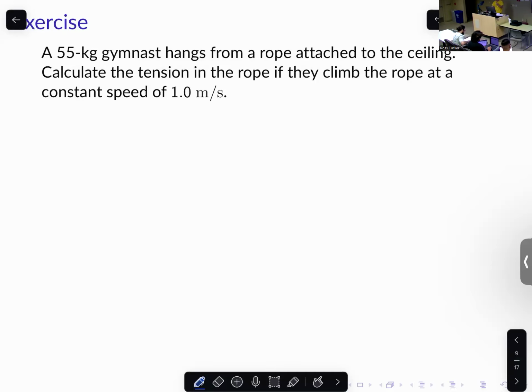I'm going to emphasize here, I'm asking for tension. That's a force. If you tell me a velocity or an acceleration, that's not what I'm asking for. Find the tension. That's a kind of force. Also, you cannot add 1 to 540.